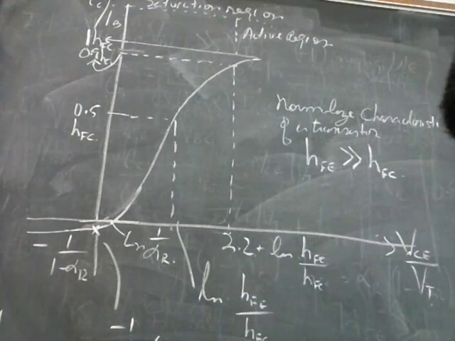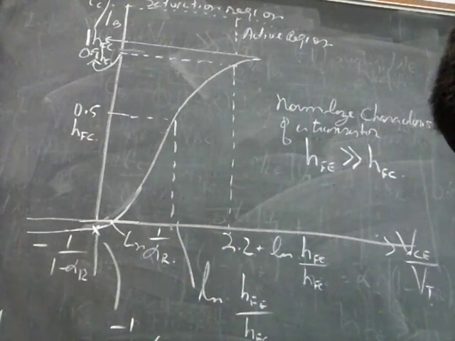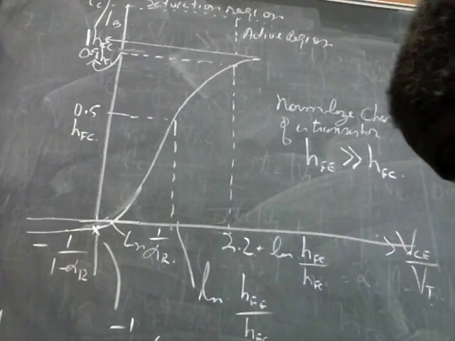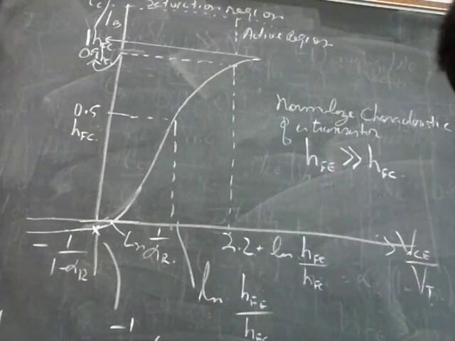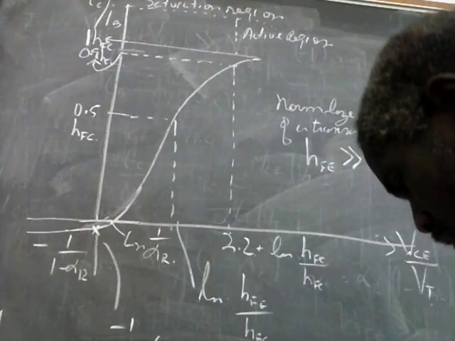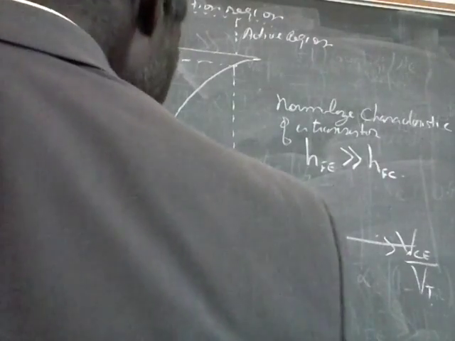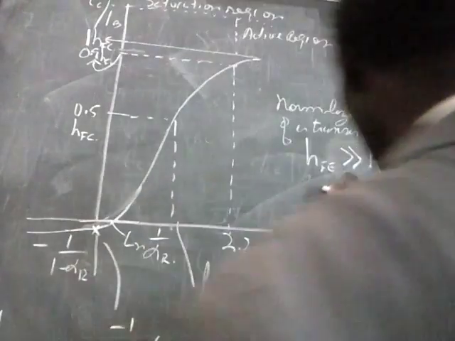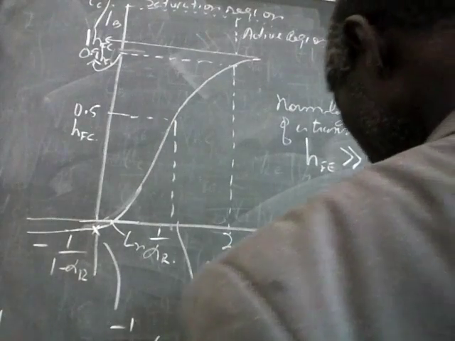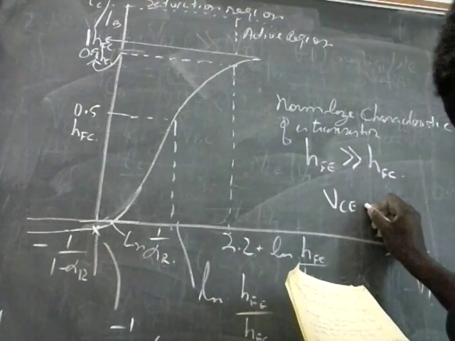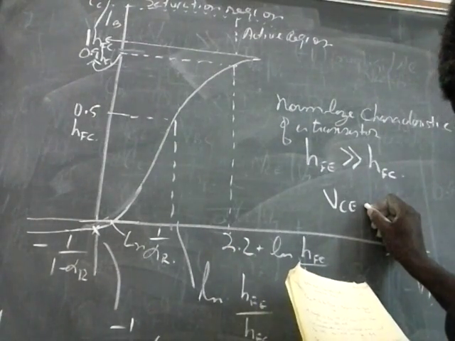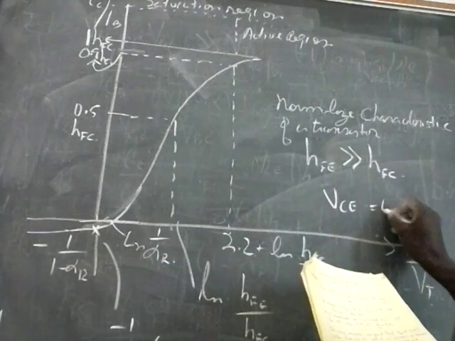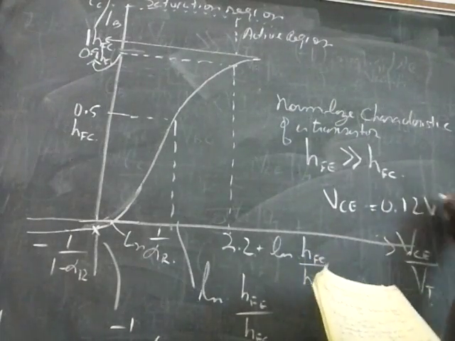Then, using the appropriate equation here, we find that VCE will be equal to 0.12 volts.